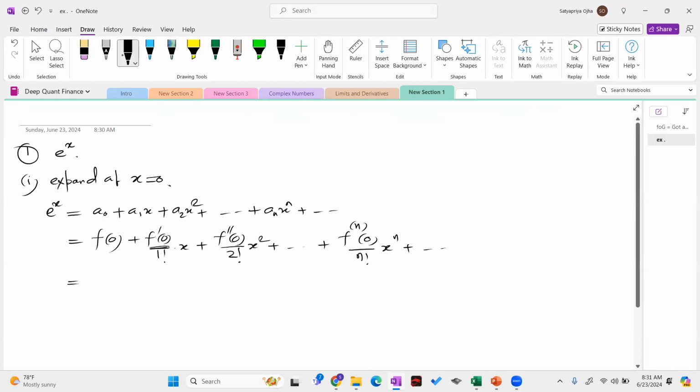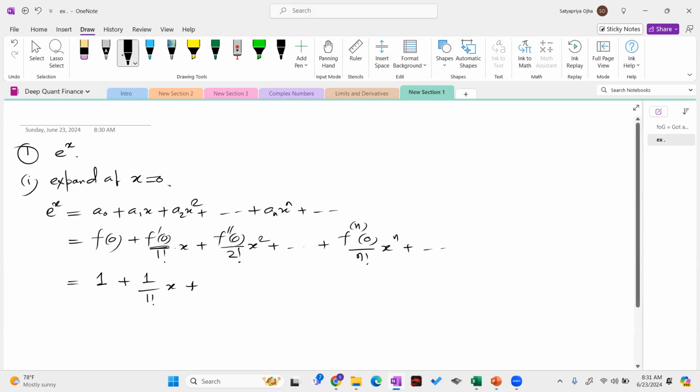What is f of 0, guys? Value of the function at x equal to 0. 1. What is derivative of e to the power x at x equal to 0? 1, just a lot of 1, right? 1 divided by 1 factorial x.